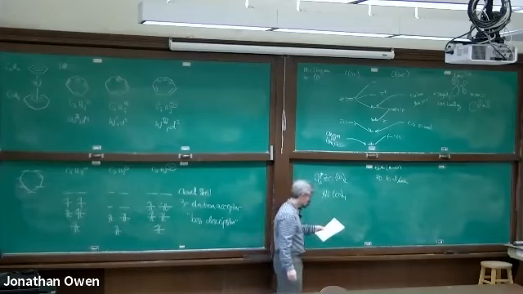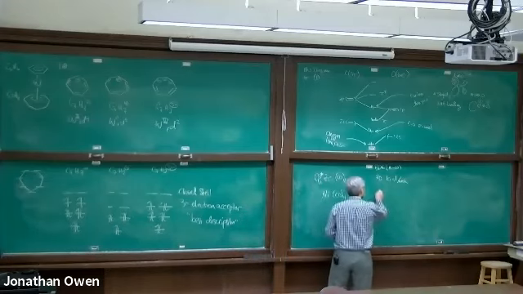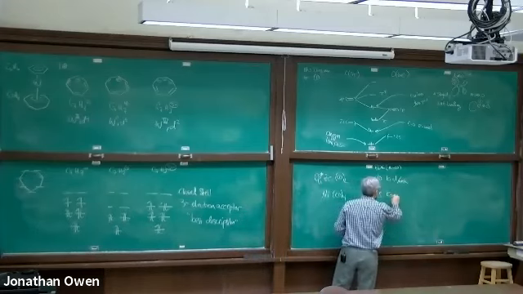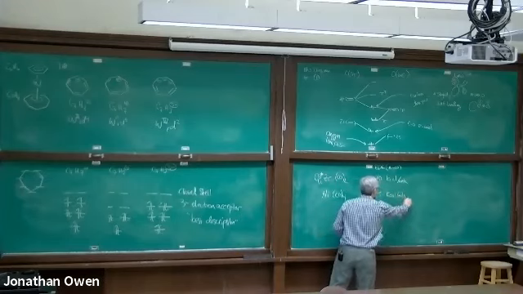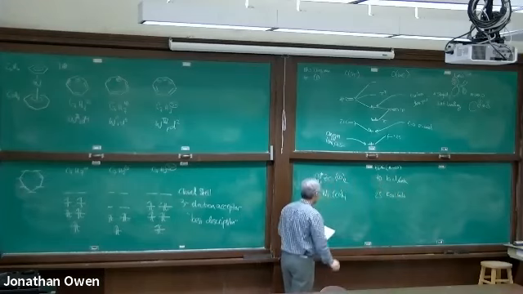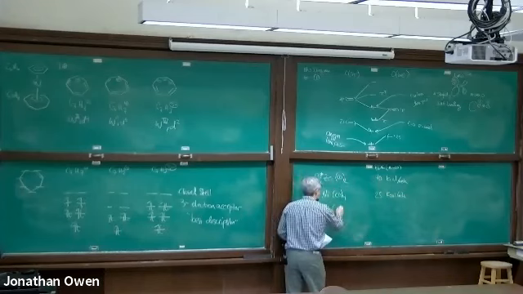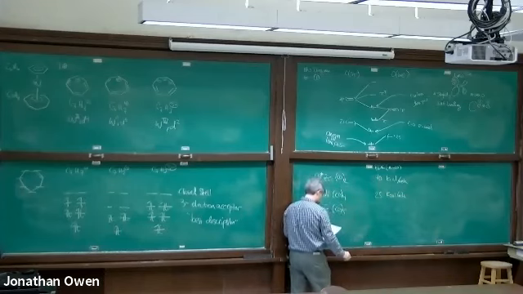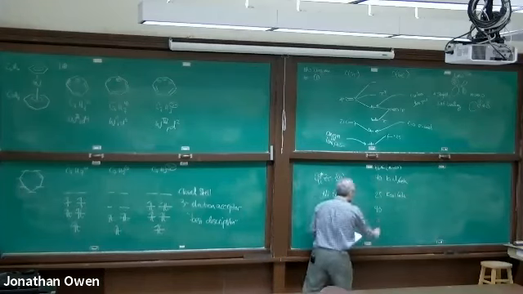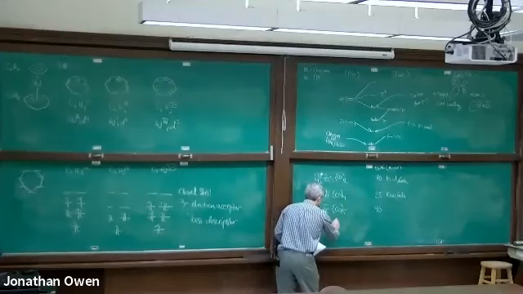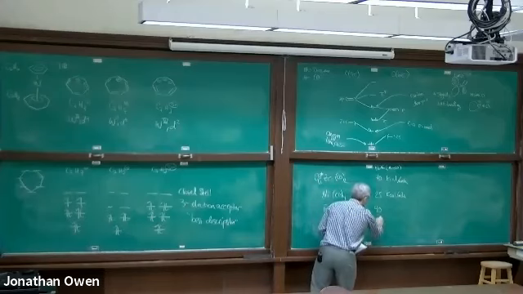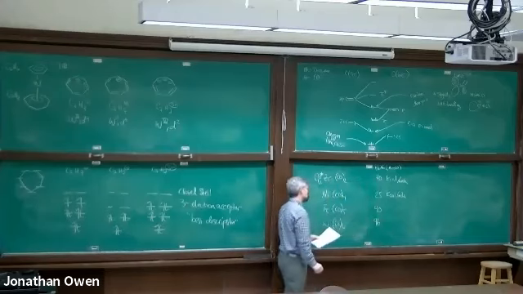Nickel tetracarbonyl: the CO bond dissociation energy is 25 kcal per mole. Iron pentacarbonyl, back up to 40. Tungsten hexacarbonyl, 46.